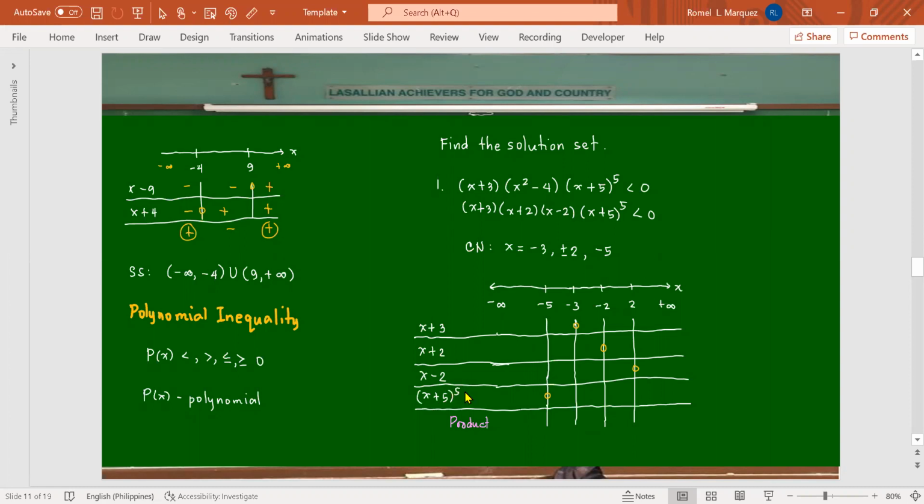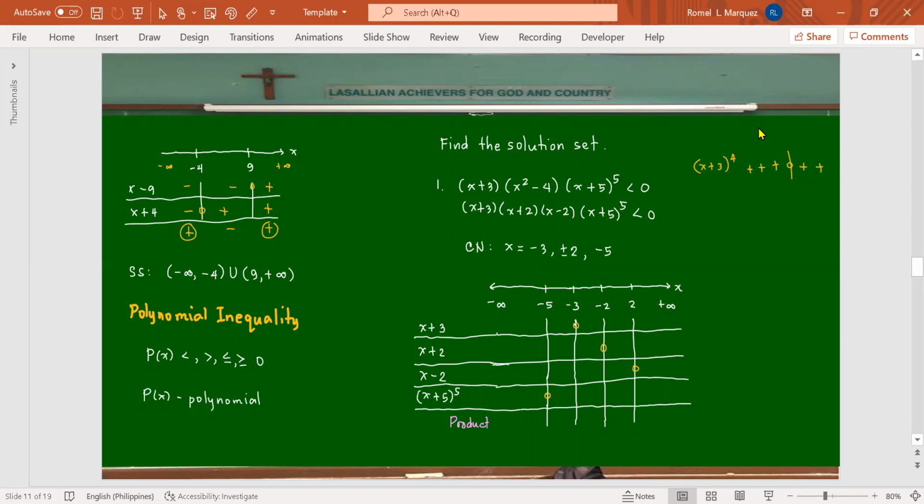But if the exponent is even, everything is positive on the left and right of the 0. Is that clear, children? Let's say I have x plus 3 raised to 4, and it is 0 somewhere here. What sign am I going to write to the right side? Positive. To the left side, positive still, because raised to even.